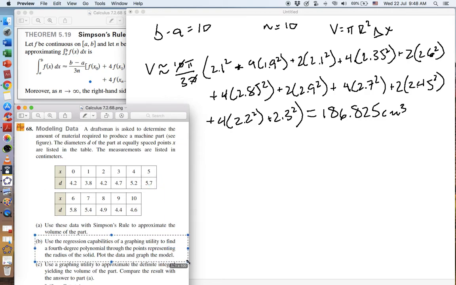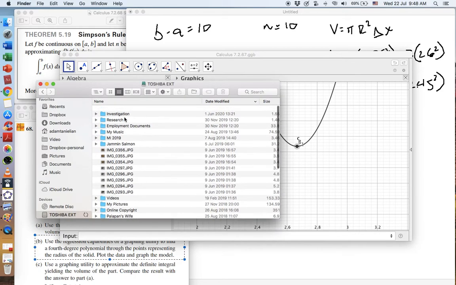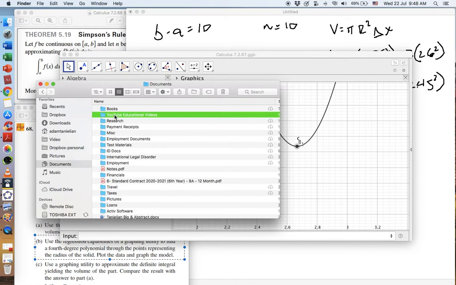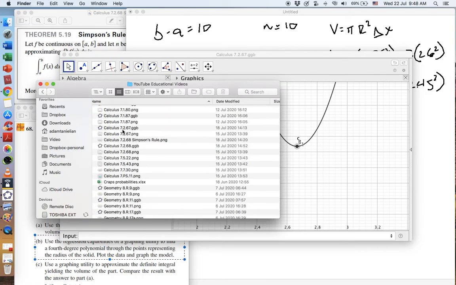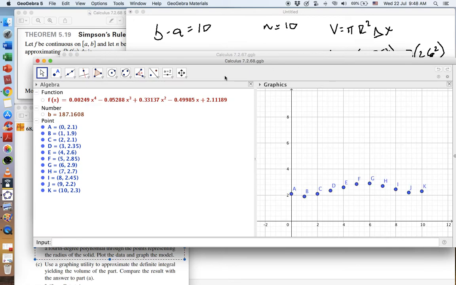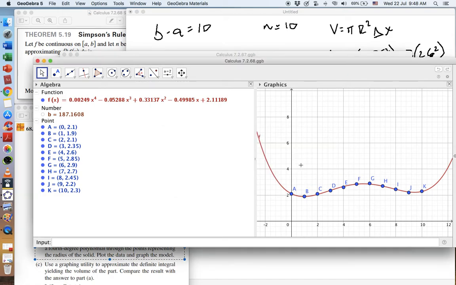Now use the regression capabilities of a calculator to find the fourth degree polynomial. And so I've got this graphed out on GeoGebra. So I got all these plotted out, and we can then just insert fit poly and then all the lines and then fourth degree, and we get a nice little fourth degree polynomial there.